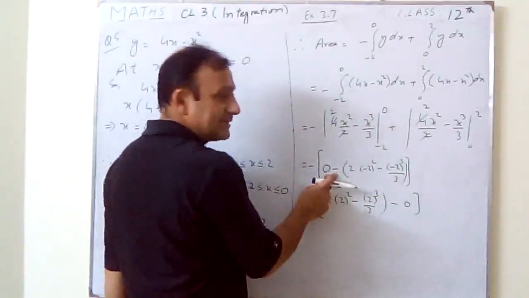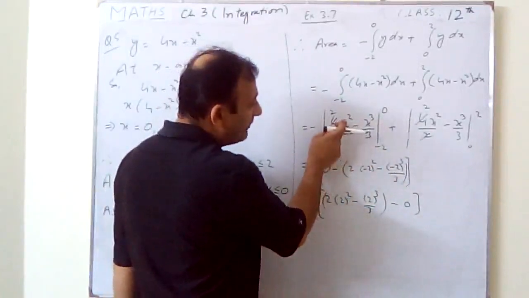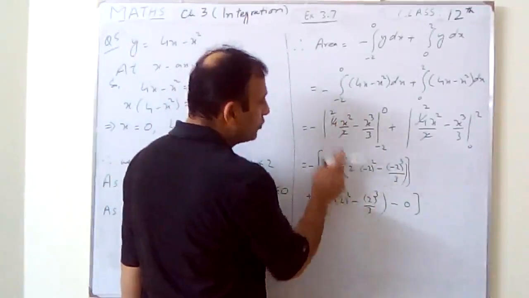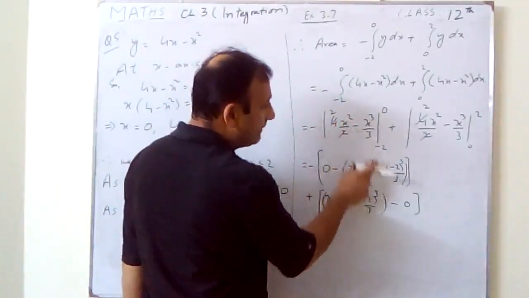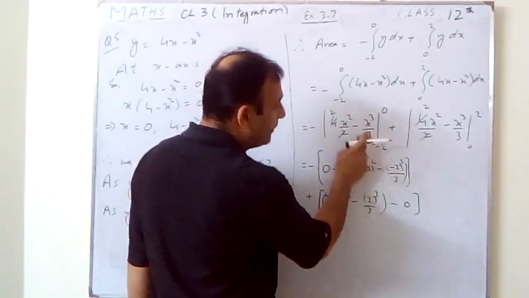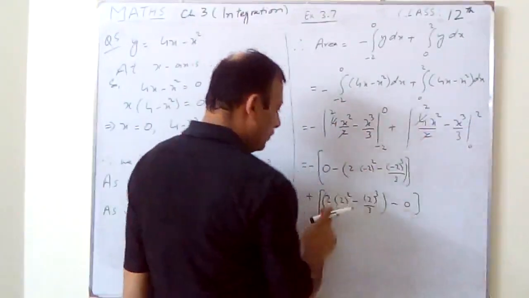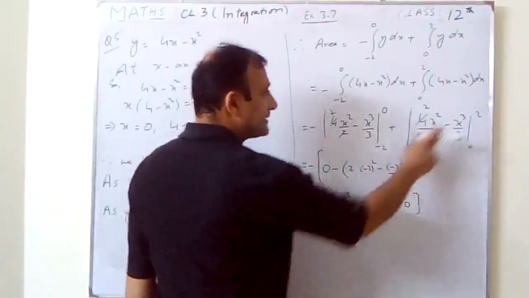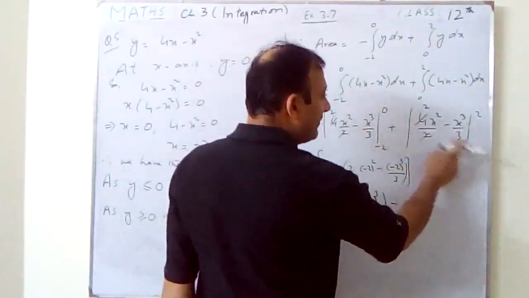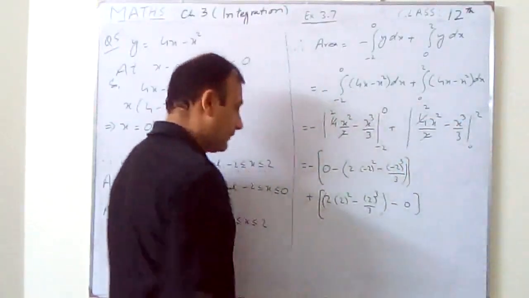Now minus the lower limit, we put here and here also: 2 into -2 square minus -2 cube divided by 3, plus 2 into 2 square minus 2 cube divided by 3, and when we put 0, it is 0.